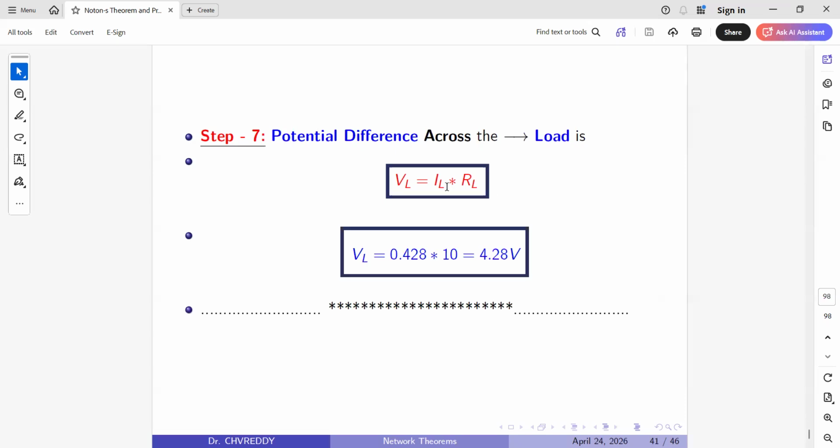IL is 0.428 amps and RL they gave, that is 10, so VL is equal to 4.28 volts. So this is the voltage drop across the load resistance. So this is about the problem. In upcoming videos, we are going to see more problems related to Norton's theorem. Thank you so much.